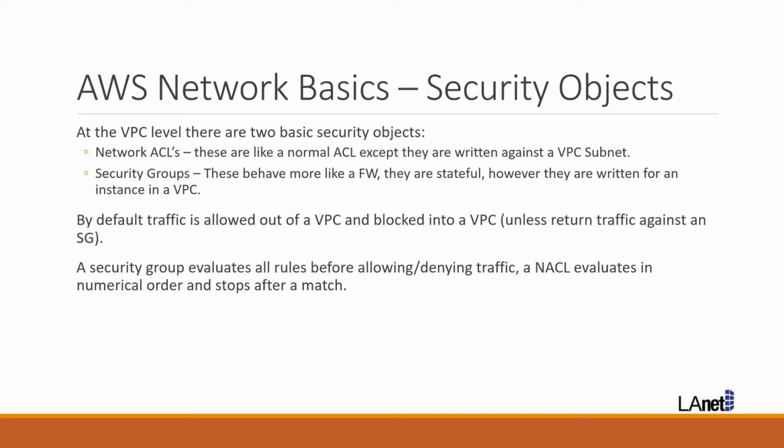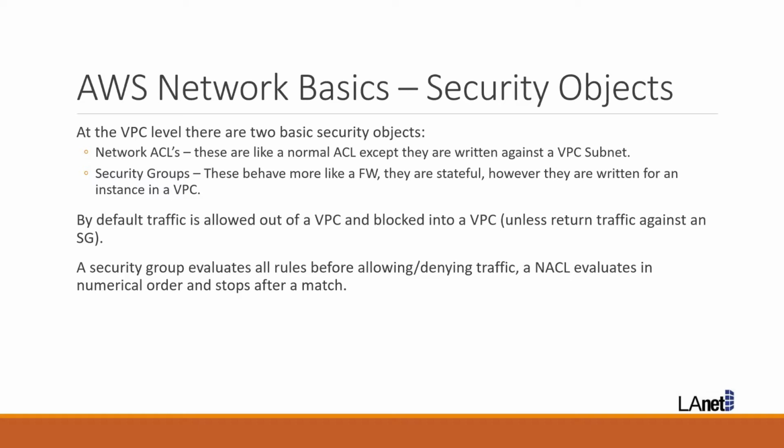The security group behaves a little bit more like a firewall because it's actually stateful, okay? So the NACL, just like an ACL on a router, is not stateful by default anyway. I don't think there's any way it's ever stateful in AWS, but the security group is stateful. The security group is kind of its own object, so you write the rules within the security group object, and then you can place items inside that security group, and they inherit the policies that are in the security group, right?